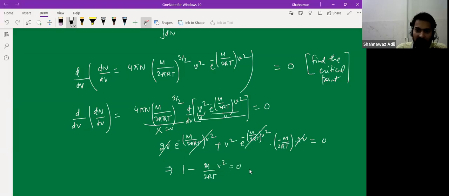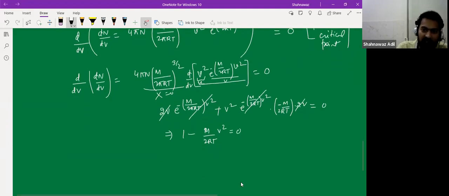This is 0. And what is this velocity that we are calculating? We are calculating the critical point, so that will be the most probable velocity, not the maximum, but the most probable, right? So we have 1 equals m v square by 2 rt, and this v is the most probable velocity.